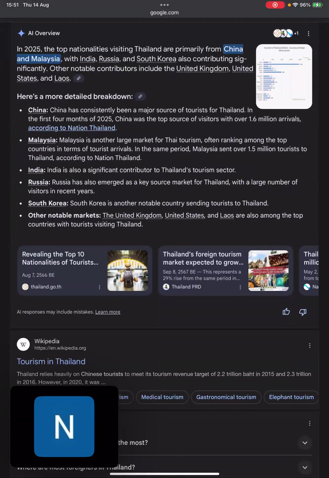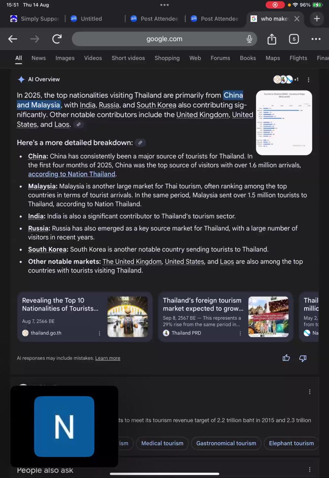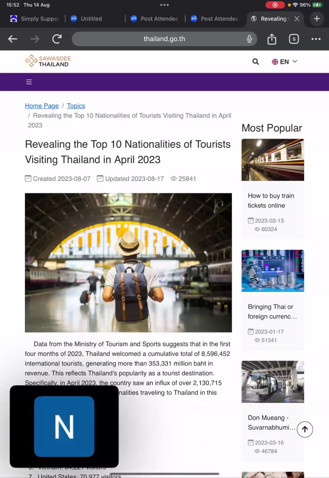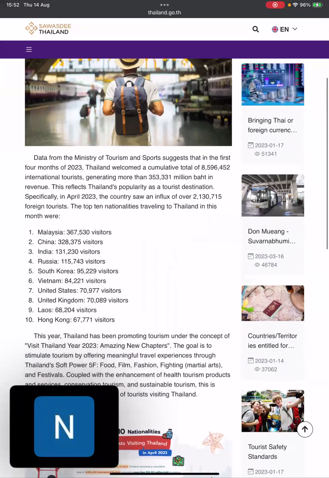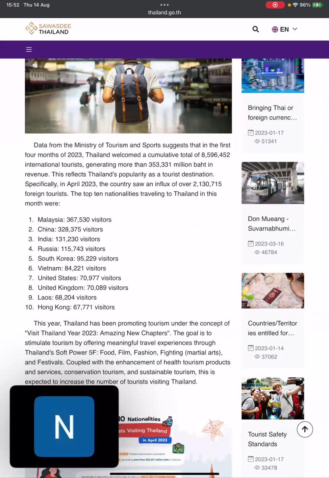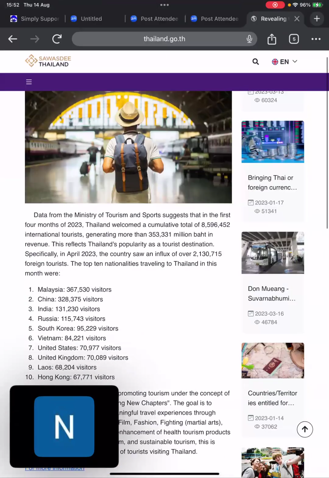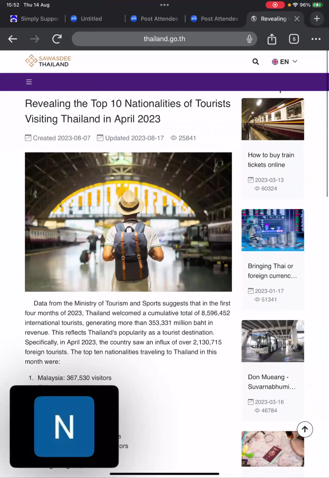So ChatGPT seems to have given me some reference like this one here. Let's just go and have a look. So this is thailand.co.th. Okay, and yep, top 10 nationalities traveling to Thailand in this month were Malaysia, 367,000. And how old is this? This is in 2023, so only 2 years ago.